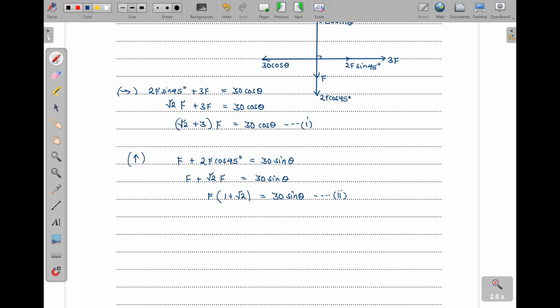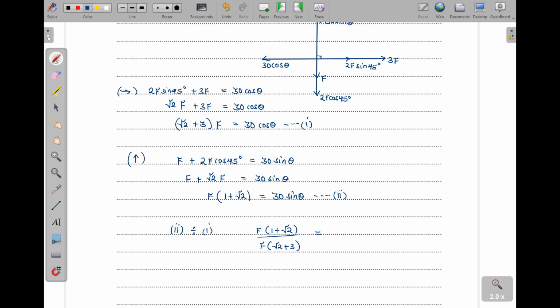So when I solve 1 and 2, I need to eliminate one, and then I remain with the other. If I get, let's say, this one here, and I divide by this one, F will disappear. And then sine over cosine will give me a tan. That means I will be in position to get the value of theta. So equation 2 divided by equation 1, we are going to have F into 1 plus root of 2, divided by F into root of 2 plus 3.